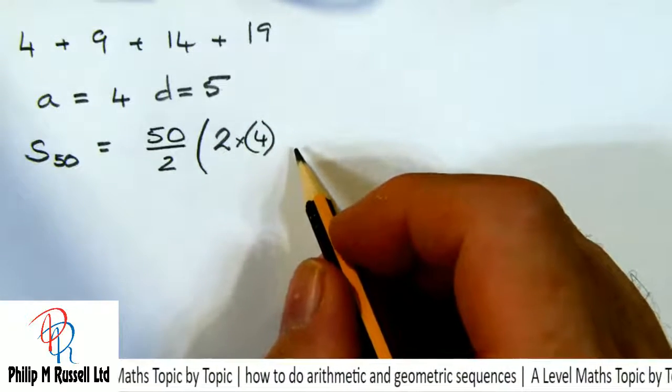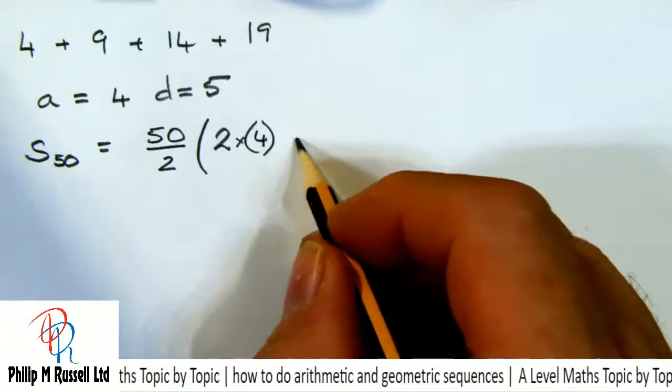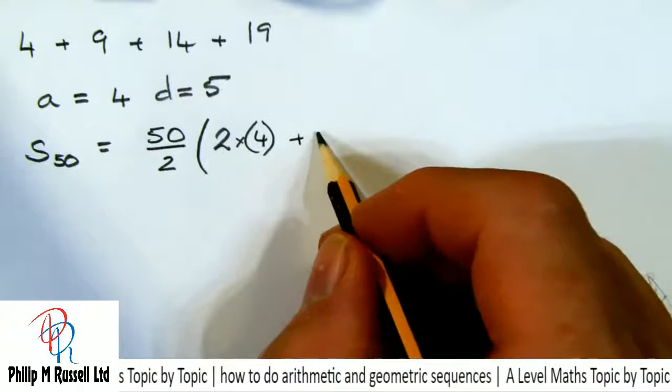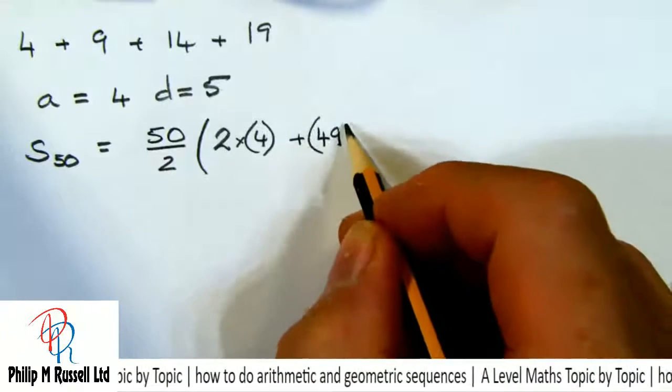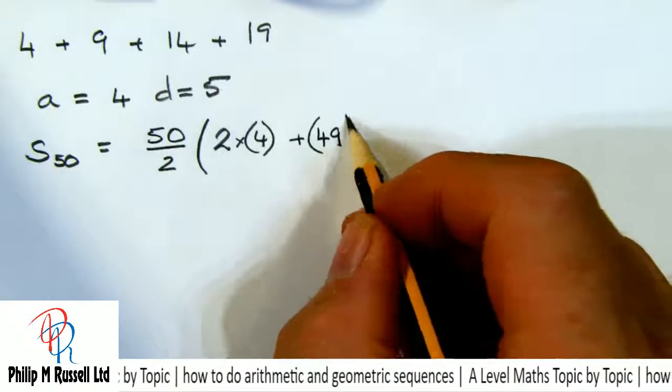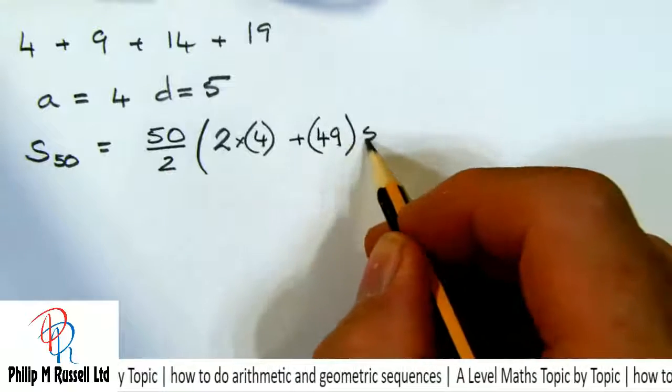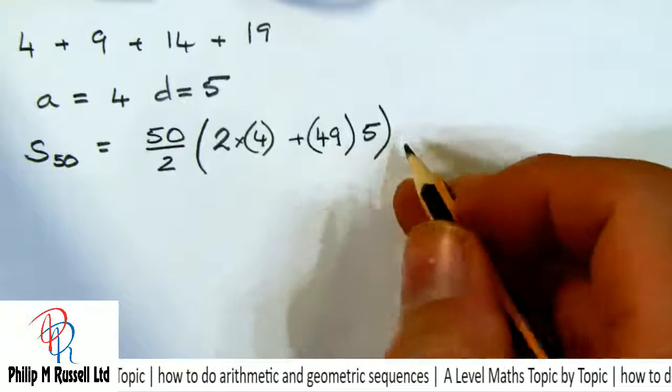Then we have plus n minus 1, so that's going to give us here 49 times our difference, which is 5.